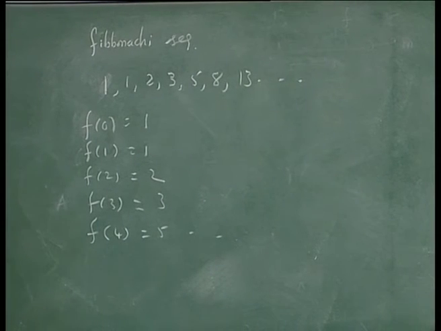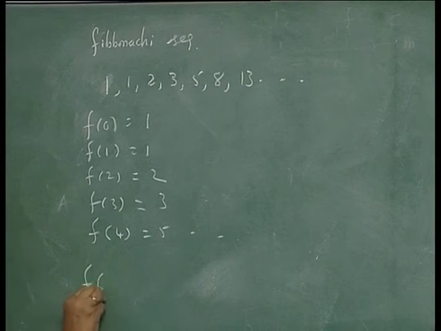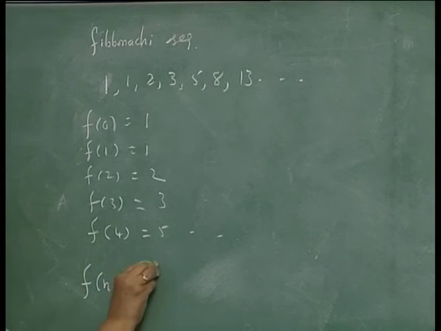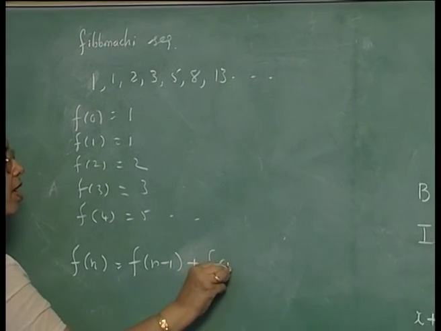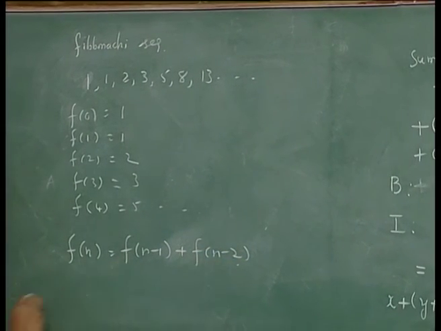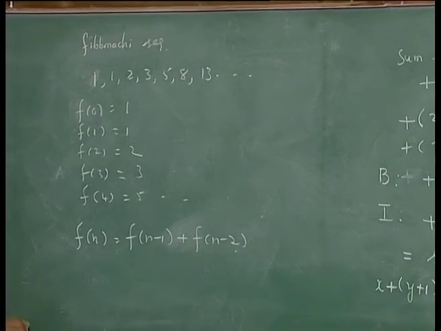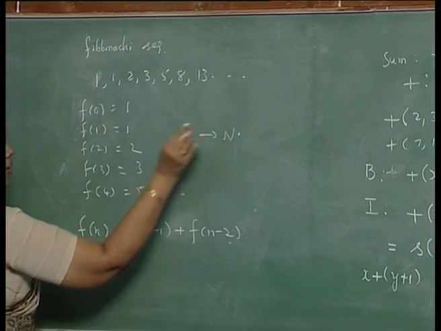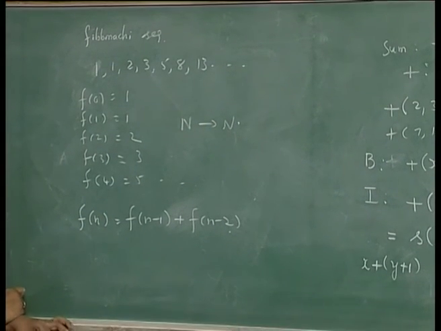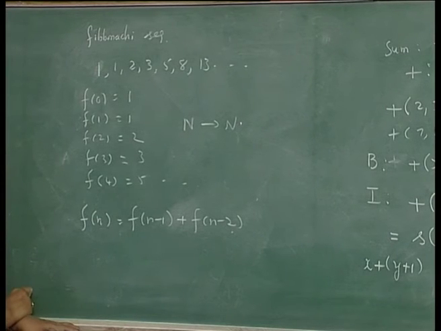In general, you find that f of n is equal to f of n minus 1 plus f of n minus 2. It is from non-negative integers to non-negative integers. This is known as the Fibonacci sequence.